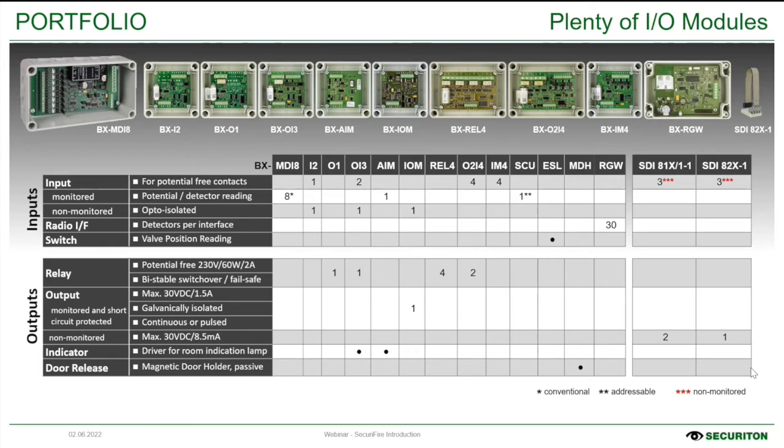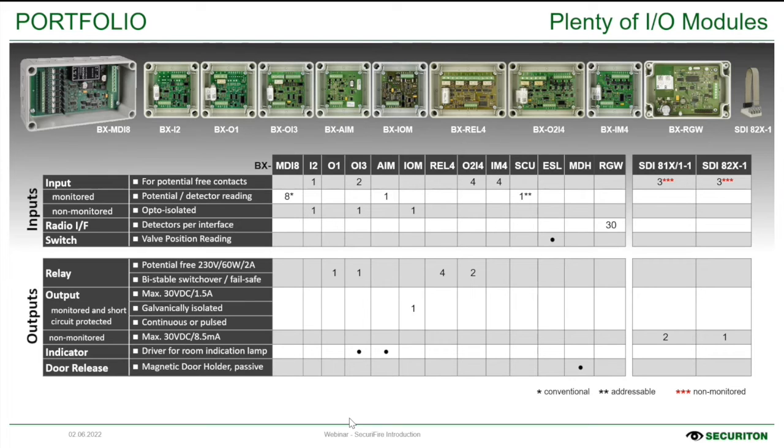The IOM module is a special module to connect, for example, a siren with a high current consumption, because it provides an external power supply input which is monitored. The BXRL4 provides 4 relay contacts. The O2I4 provides 2 relay contacts or 4 monitored inputs on the loop. The BX EM4 is 4 monitored inputs.